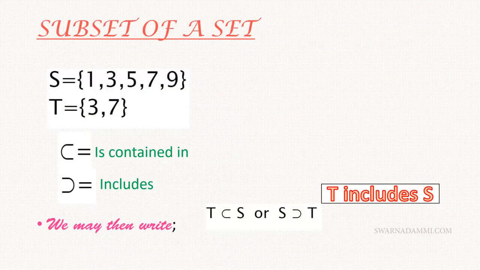Subset of a set. There are two sets. S equals 1, 3, 5, 7, 9. T equals 3, 7. T is a subset of S. We use two symbols to describe a subset. One is contained in, the other one is includes.